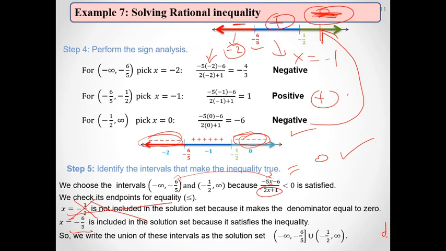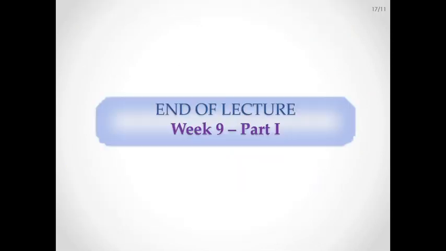We want negative or equal to 0. This one is not included because it makes it undefined. So this is the solution set. You have to be careful about the endpoints.